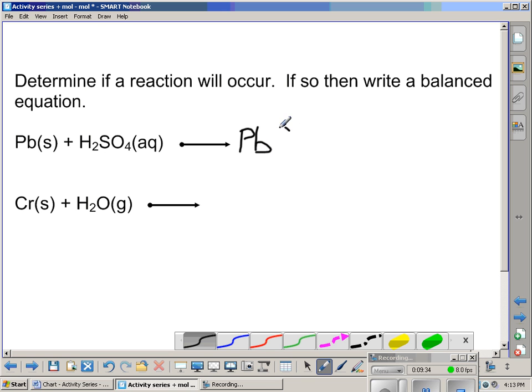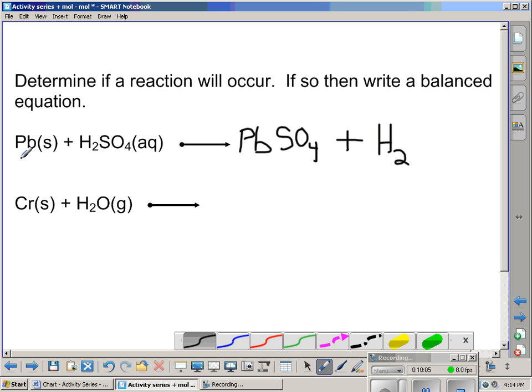So we've got SO4, so lead sulfate, and it replaced the hydrogen, but we need to make sure this equation is balanced. If we have hydrogen here, we have to have it over here. So plus, hydrogen's now going to be by itself. H2 is one of the 7 elements that, when it's by itself, is diatomic.